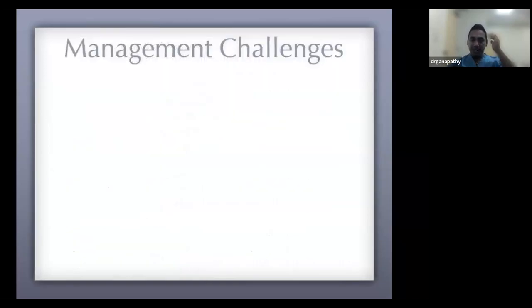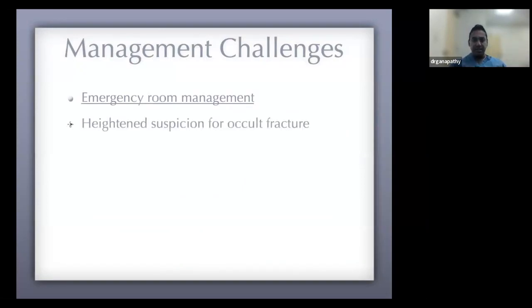So, management challenges. Emergency room management is key as a patient comes in, with heightened suspicion for an occult fracture. As we just discussed, you don't even necessarily have to have an X-ray or a CT to have a clinical suspicion. Patients who have a chin-on-chest type of deformity, or who are not able to lay their head down and have a difficult time maintaining their posture on the bed, you have to have a clinical suspicion.